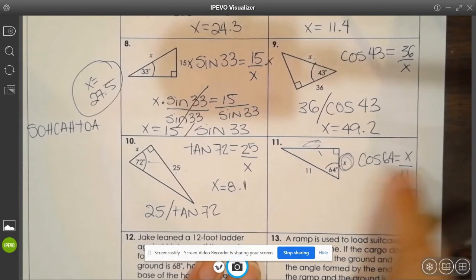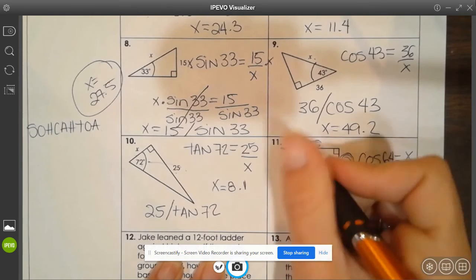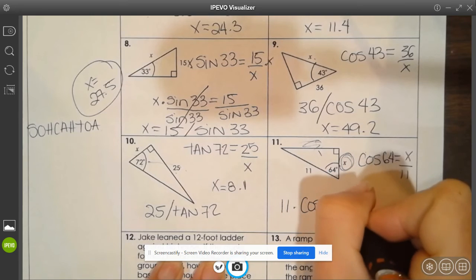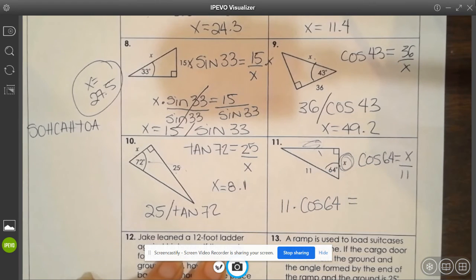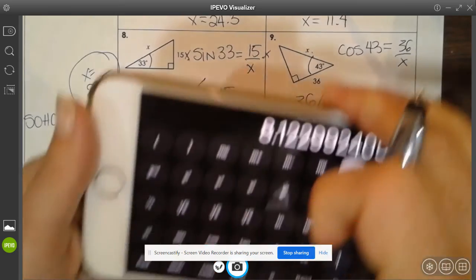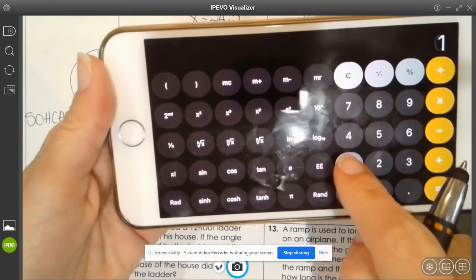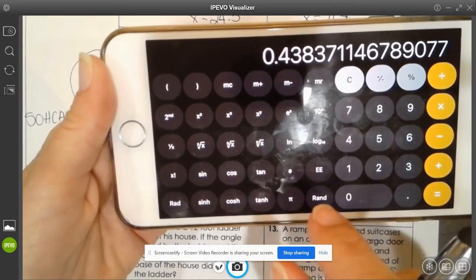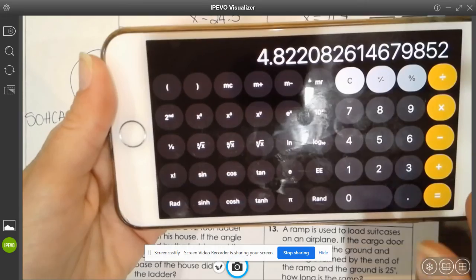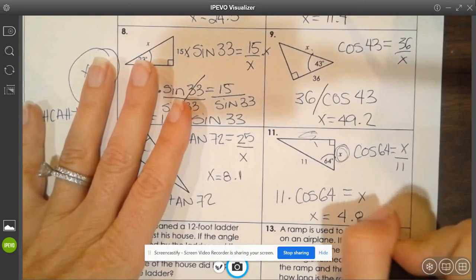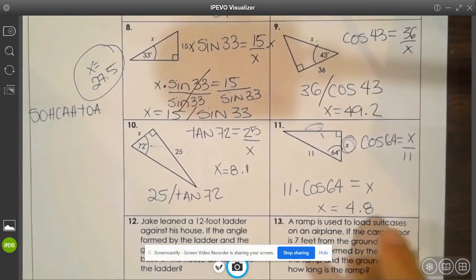Because if you multiply 11 on both sides, you get 11 times cosine of 64 equals x. So 11 times 64 cosine equals 4.8. 4.8, and please remember to press that equal sign.